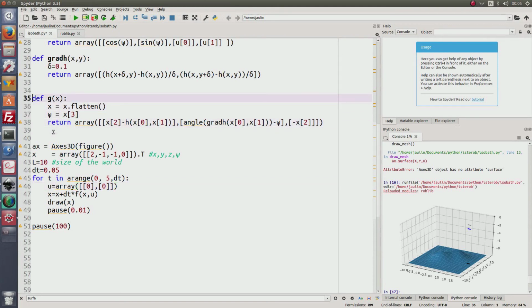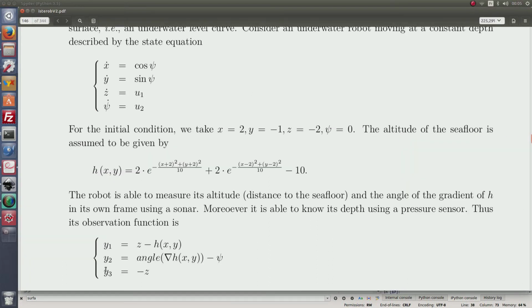So I have added in the program J, which returns an array. The first part of the array corresponds to y1. Here I have y2 and y3, and they are given by the equations that are in the exercise. So y1, y2, y3.